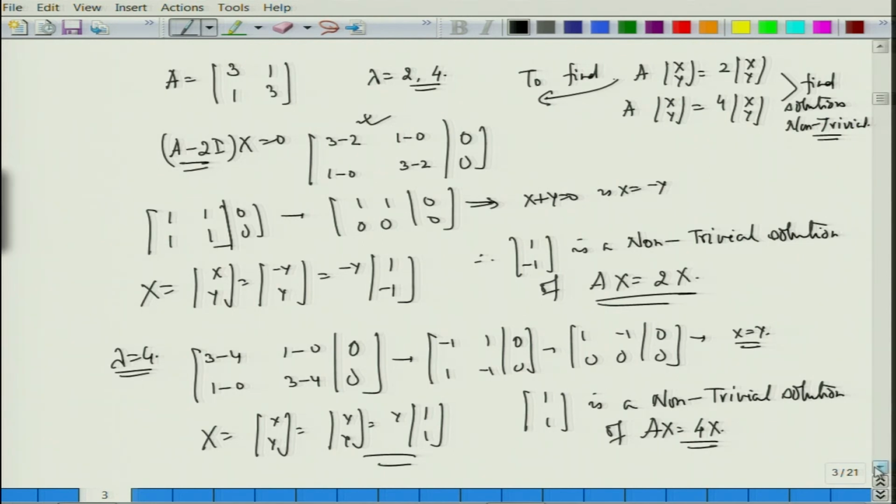So just verify it, this is what we had here, (1, 1) and (1, minus 1), there is no issue with that part.